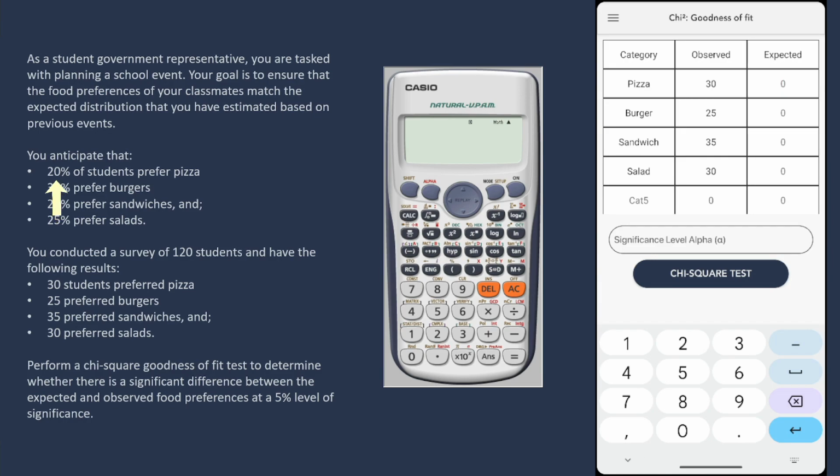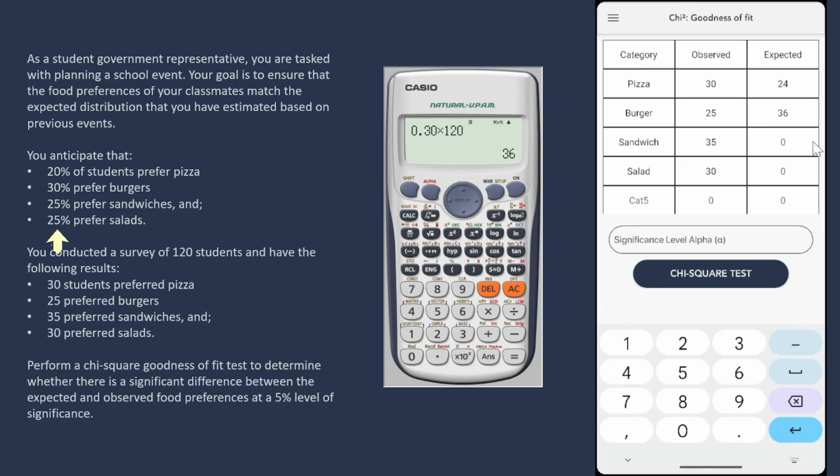For the 20% of students who preferred pizza, we multiply 20% or 0.20 by the total number of students, which is 120. That will give us 24 under the expected column. Now next, we have 30%, 0.30 by 120. This gives us 36.